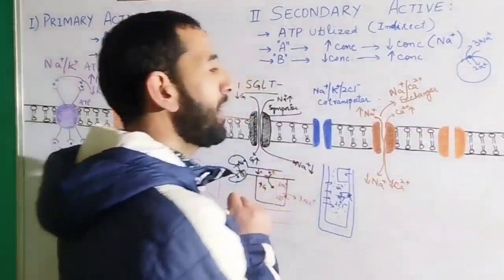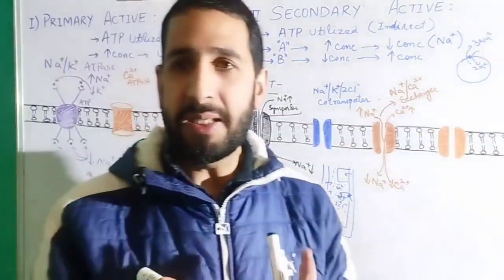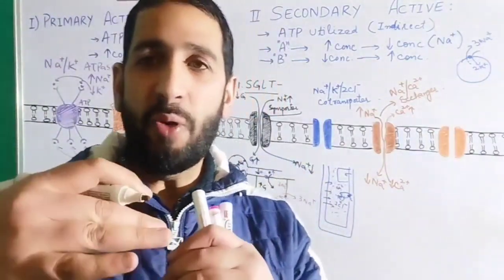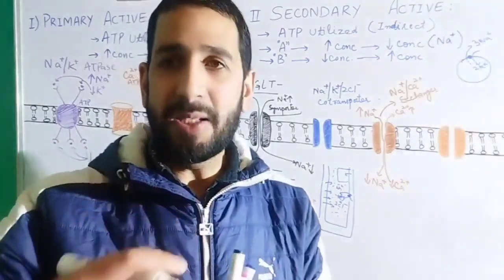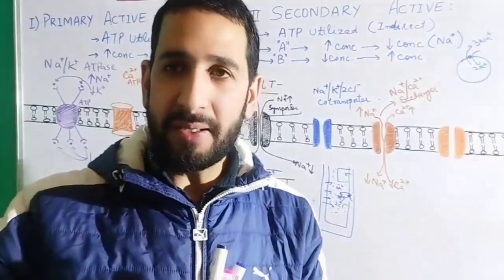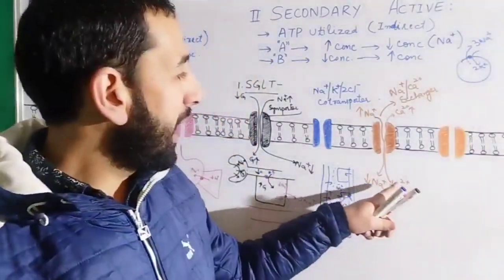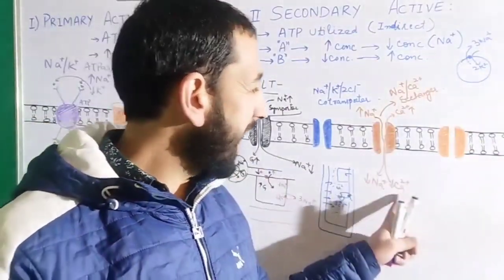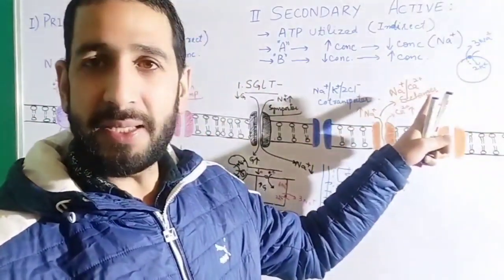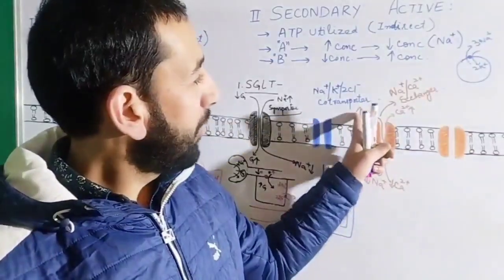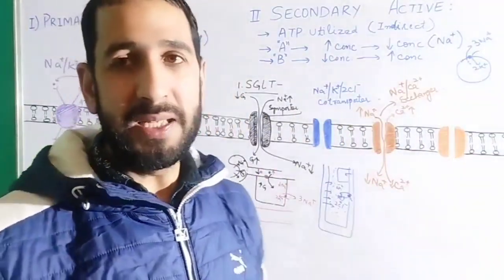It is very important that in the muscle cells we want to maintain the balance of the calcium inside the cell. So we send calcium from inside of the cell to outside, and we send sodium from outside to inside.